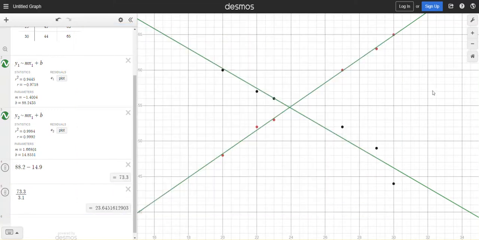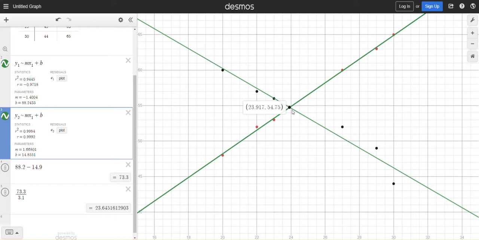If I go back over here to Desmos, you can see that my demand equation here and my supply equation intersect right about there. And there is some round-off error here. That gave me 23.92. That's actually a little bit more accurate than what I got by hand.